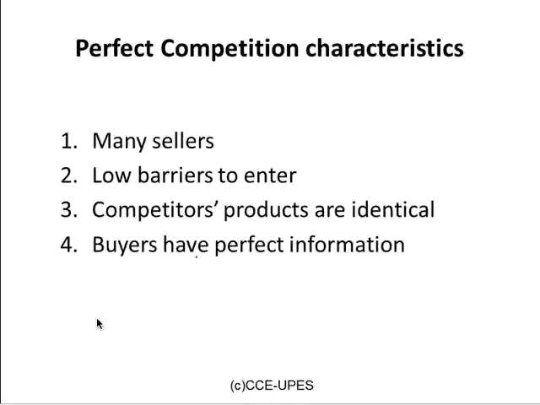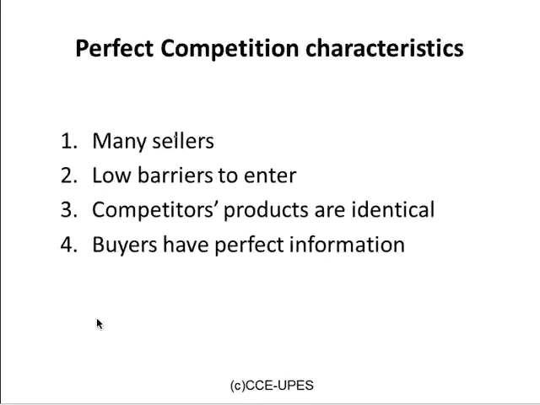A perfect competitive market is characterized by many sellers, in fact, a very large number of sellers. The implication is that no particular seller is big enough to influence the supply to an extent that it controls the price.